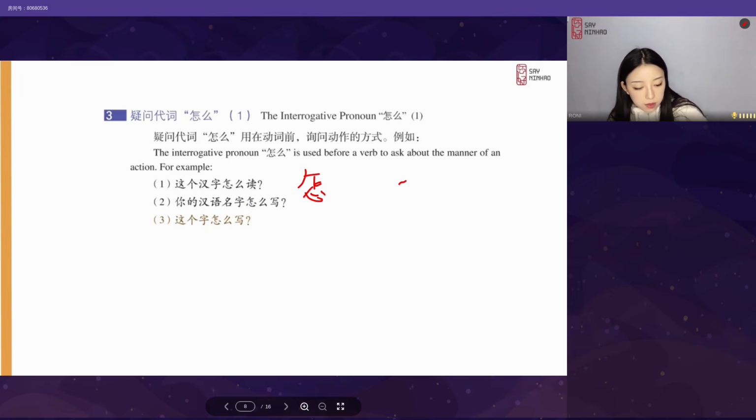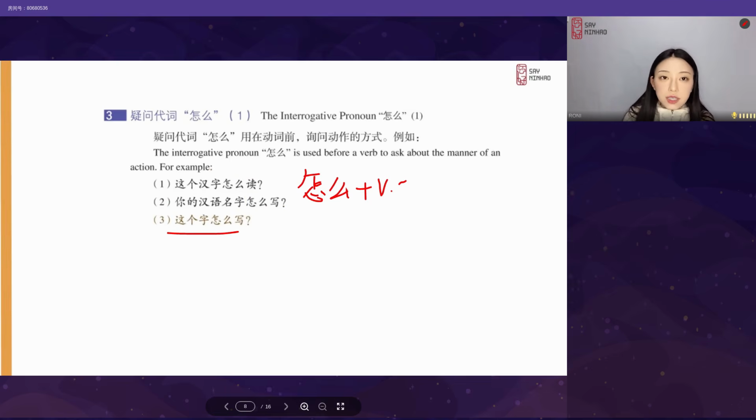Okay, I will write it bigger here. 怎么 plus a verb. This is the structure of it. Now, last one. Let's see. 这个字怎么写. How to write this Chinese character. 怎么写, 怎么 plus a verb 写. And try to remember another interrogative pronoun we've learned before, which means what. It is 什么, right?